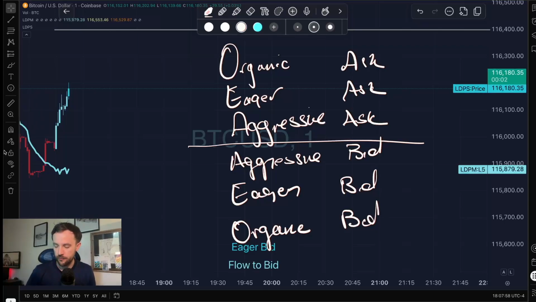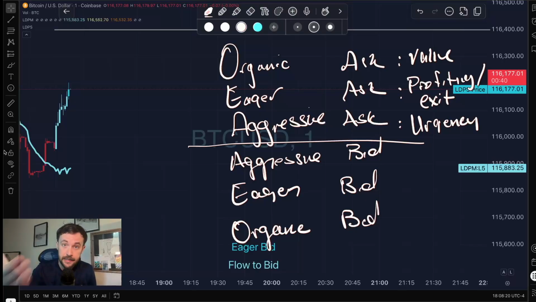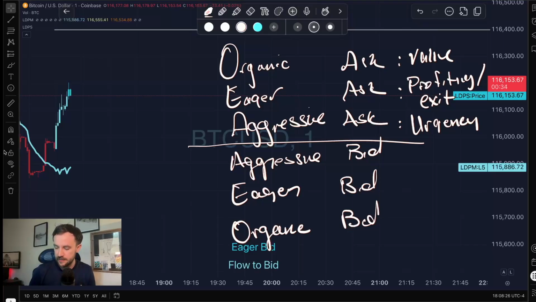And just as a quick recap, the organics, they're value seeking. The eagers are likely profiting, looking to exit. And this is the same for bid and ask. And then the aggressives are usually in some sort of urgency. So you think short getting liquidated, they need to buy, they need to buy, right? So they will buy wherever they can. And this is the same for the aggressive bid.